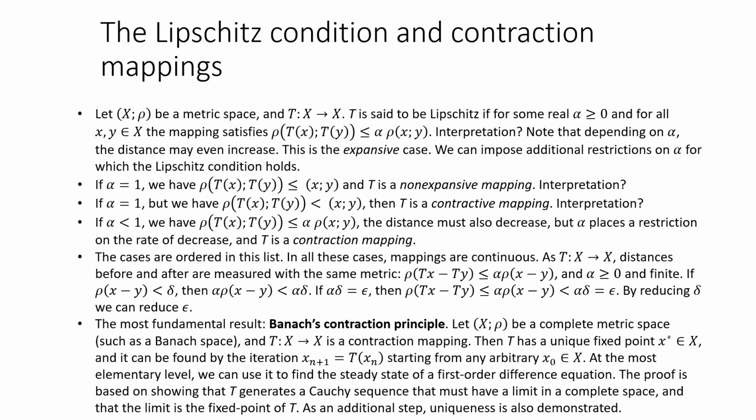And as an additional step, the existence is demonstrated and the uniqueness is also demonstrated. So if we have a complete metric space and a contraction mapping, the mapping generates a Cauchy sequence that must have a limit in the same space, and this limit point turns out to be the fixed point of the mapping, which proves to be unique.